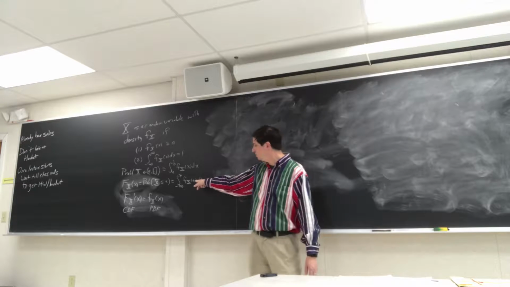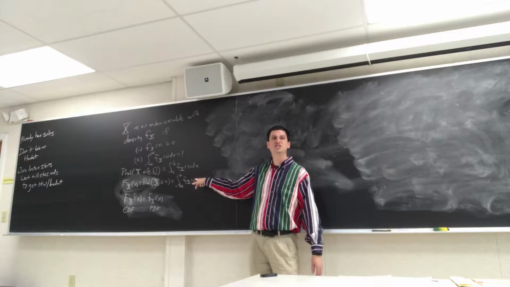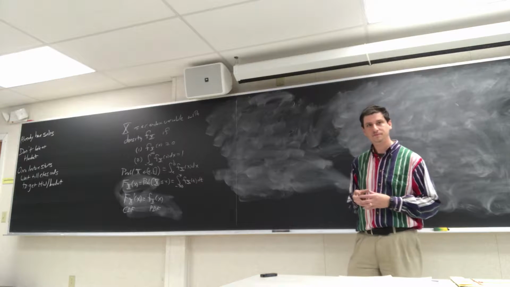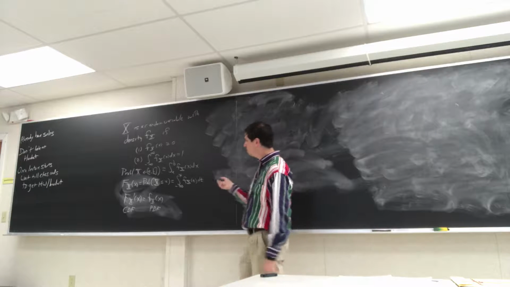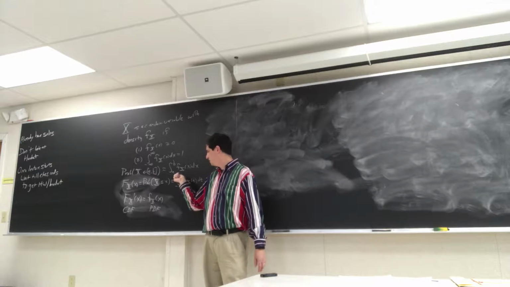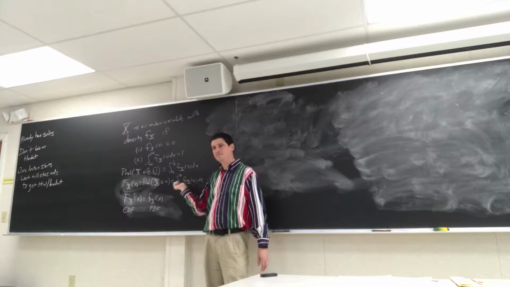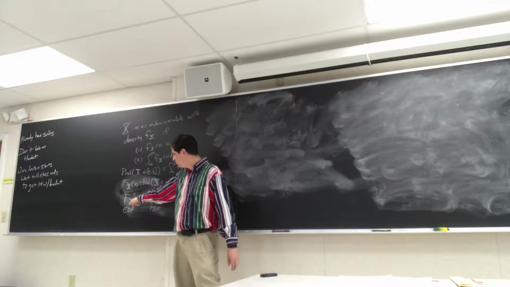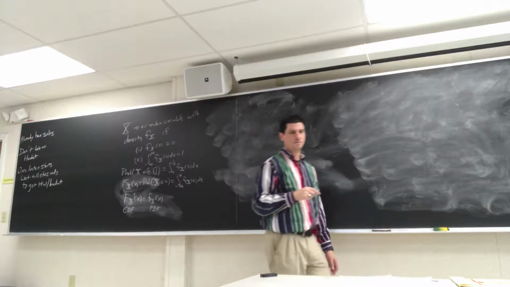Well, I can't use the letter little x now, so I use t as a dummy variable. So it's f_x of t dt. And by the fundamental theorem of calculus, or just by the rules of integration, if I take the derivative, I'll get the value of my integrand at the point x. So the derivative of my cumulative distribution function is my density.